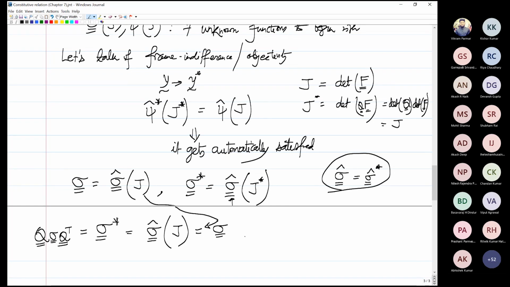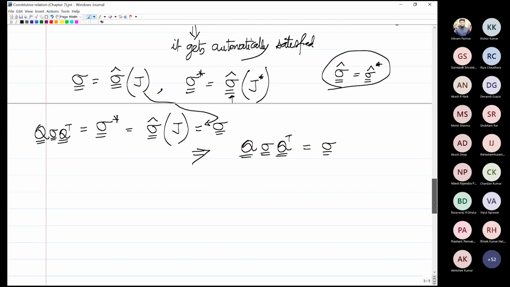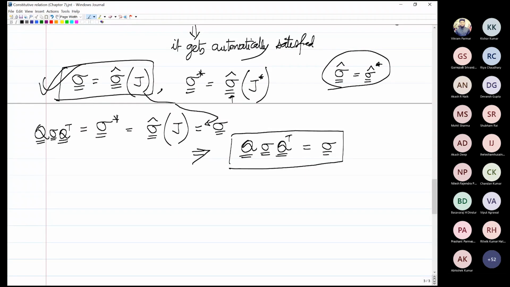So what we have finally gotten is that Q sigma Q transpose must be equal to sigma. This is what we get when we employ objectivity for this particular response function. This is the restriction, Q sigma Q transpose being equal to sigma itself.